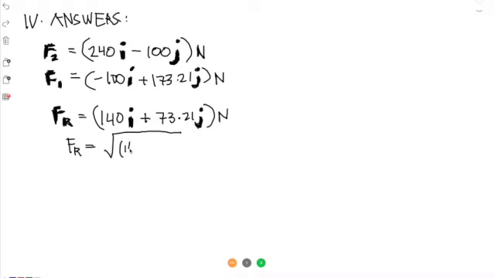So that's 140 newtons squared plus 73.21 newtons squared, and take the square root of that.